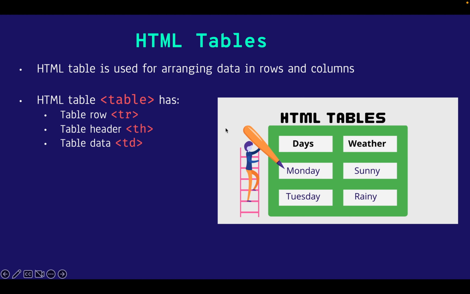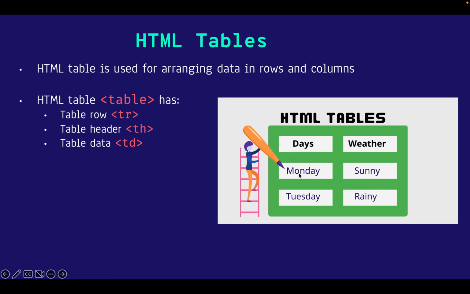Then table header is like the header of the table. You see that this is bold, right? So this is the header of the table. Then table data is each of the data that we have in here, right? So we are going to implement exactly this in our HTML code, just to give you guys an example of how an HTML table works, right? But just know that this whole thing is a table.